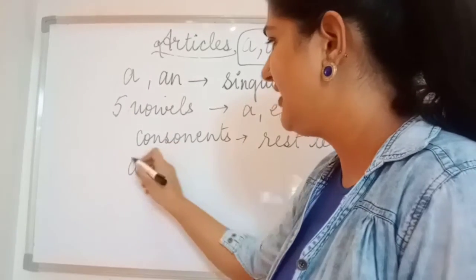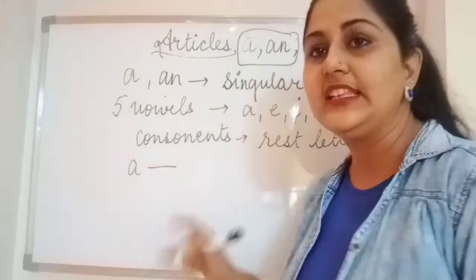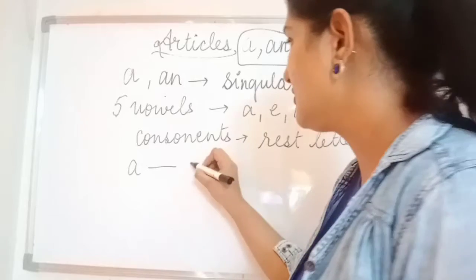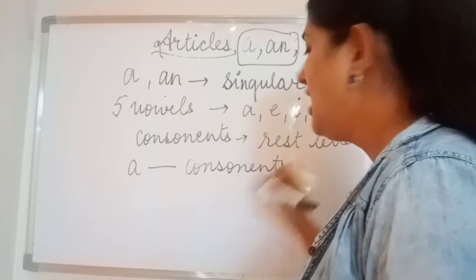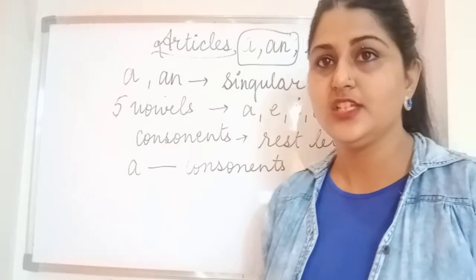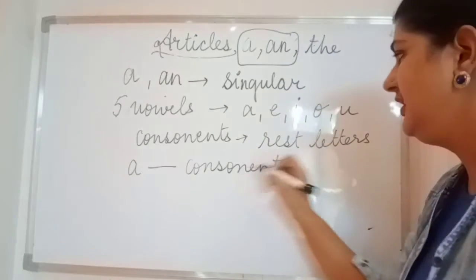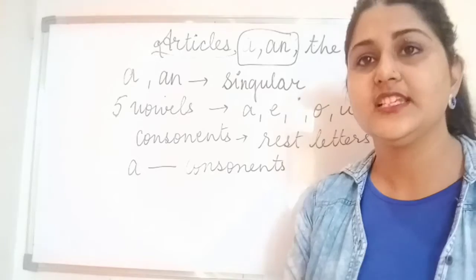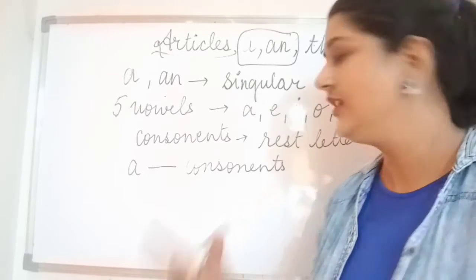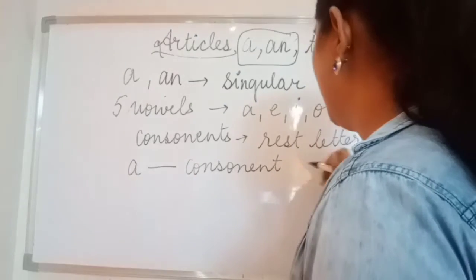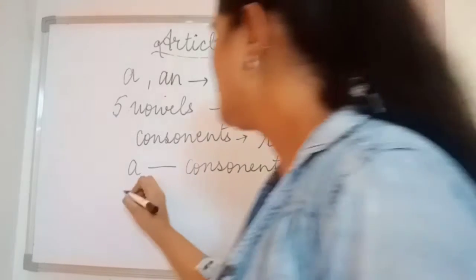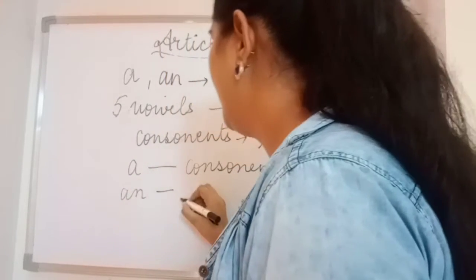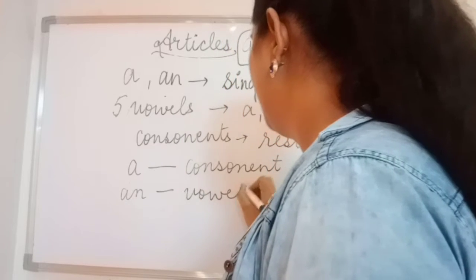A is always used before a word that starts with a consonant sound. Mind you, you don't have to look at the spelling. You just have to see whether the sound of the first letter is consonant or vowel. So in this case, its sound should be consonant, and in case of an, the sound should be of vowel, right?